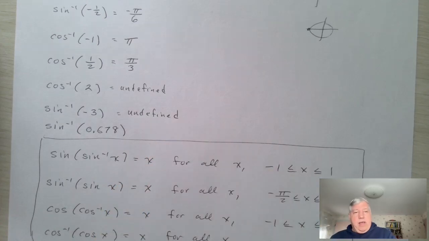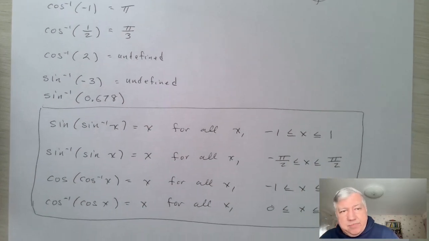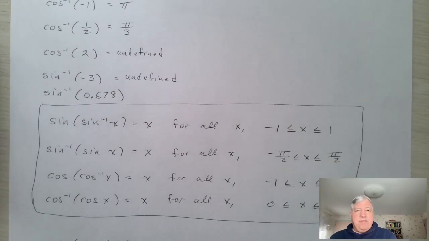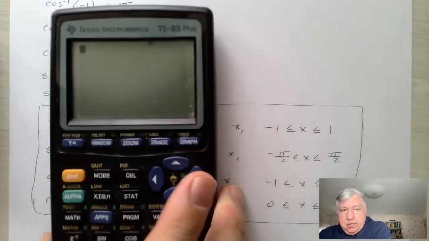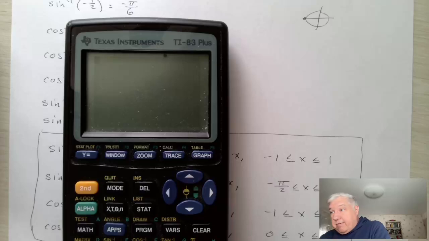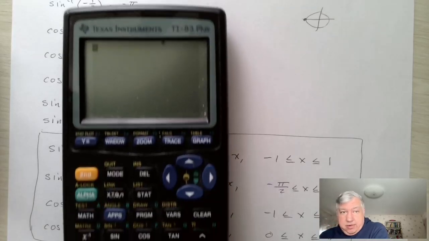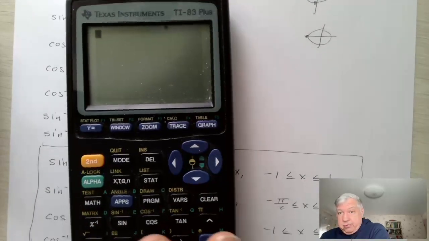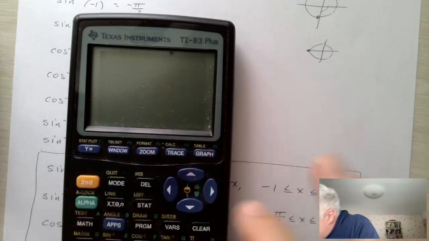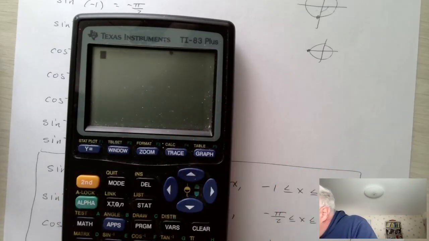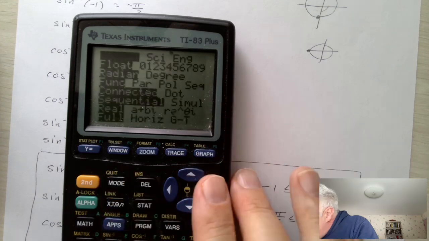And then of course you could be asked to find the value of the inverse sine of something which is not on the unit circle. So we just have to use our calculator. When you do this, on whatever calculator you have, you want to make sure that you're in the right mode. Should we turn the calculator on and check the mode?